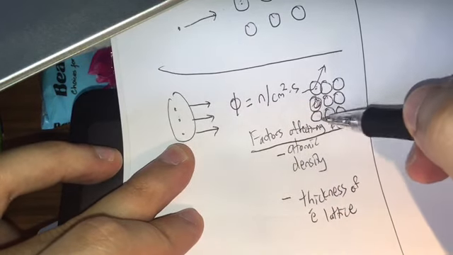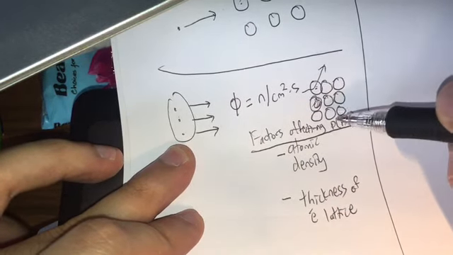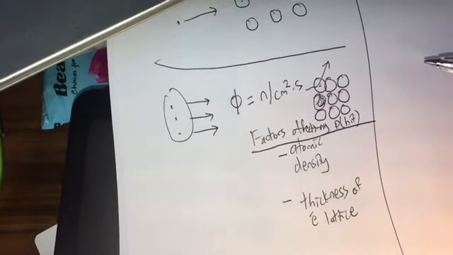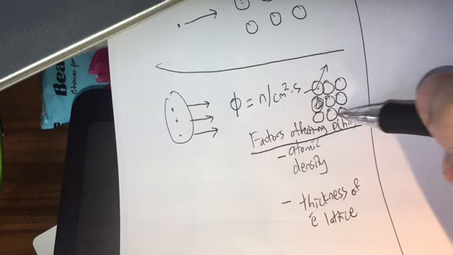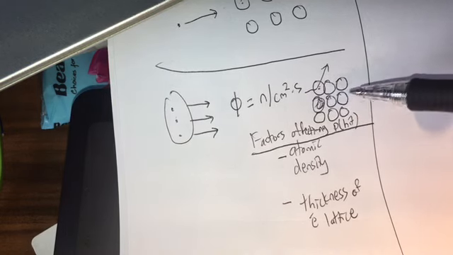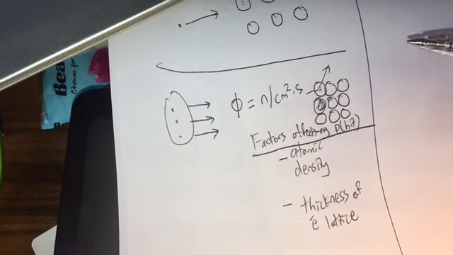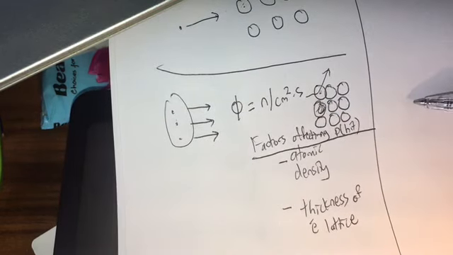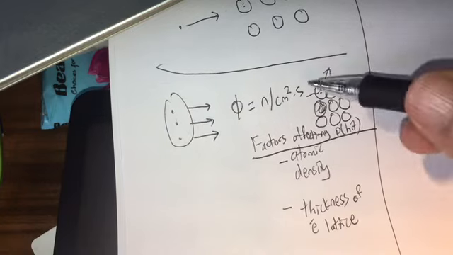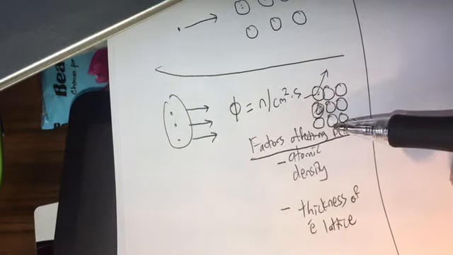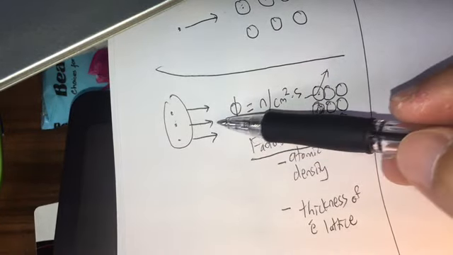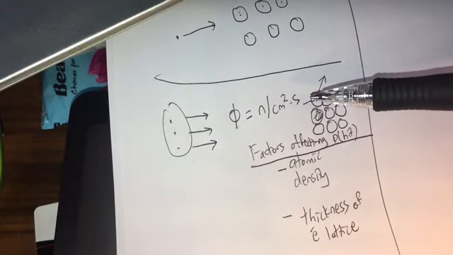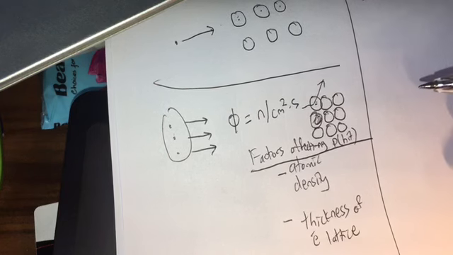Because let's say you have a lattice 3 atoms thick. Well, it's quite likely that most of the neutrons are going to go through. But if you have a lattice that's about 30,000 atoms thick, or several millions or billions of atoms, if you have a few cm thick of steel, for example, the likelihood of the neutrons in this neutron beam actually hitting a single nucleus is going to increase.